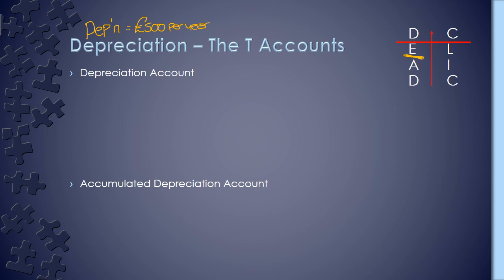But your accumulated depreciation account is where you add up the amount of depreciation that's going through on your particular asset. So at any given point, you would be able to tell what your net book value is, what the value of a specific asset is in your accounts.